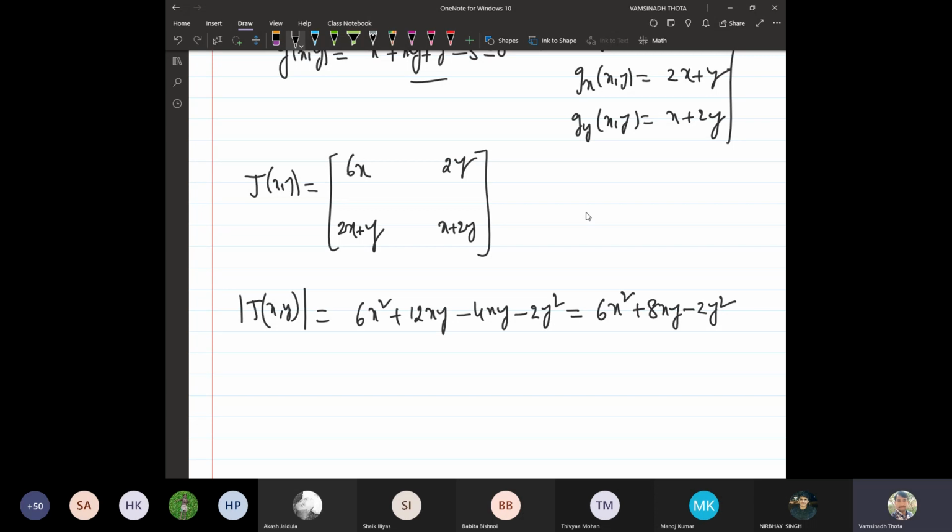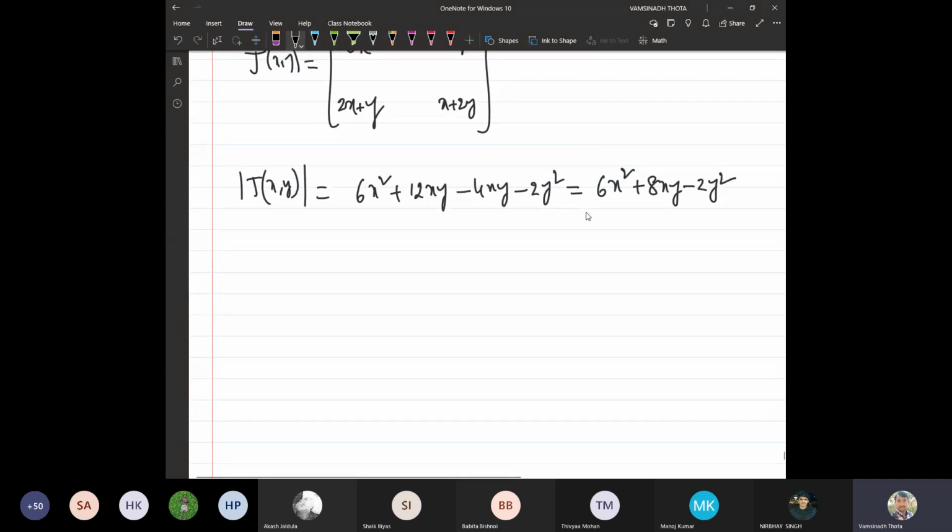Now, obviously, when x and y both are 0, then this will also be 0. Okay, so now it depends on the iteration points. So this is j of x comma y, the Jacobian.